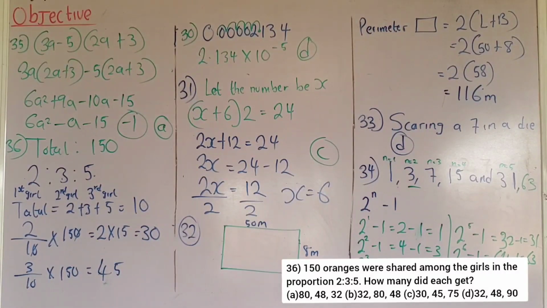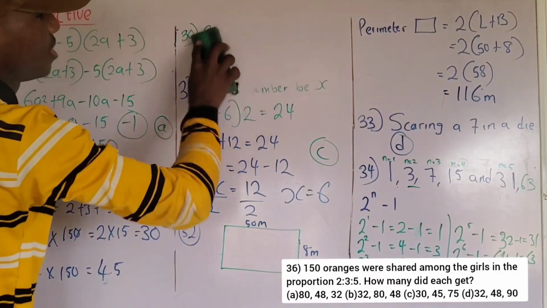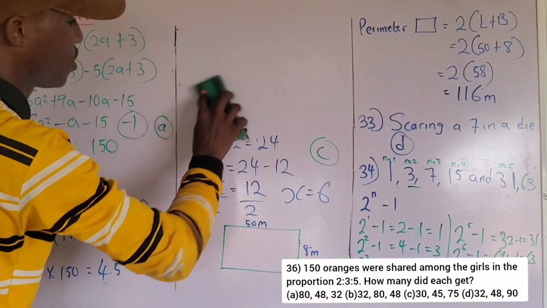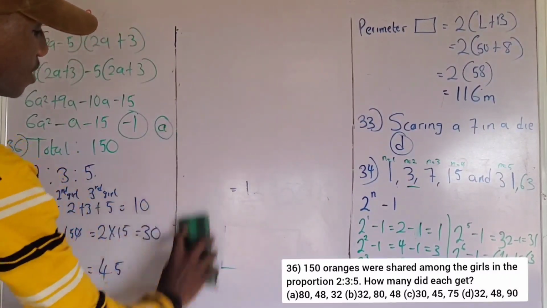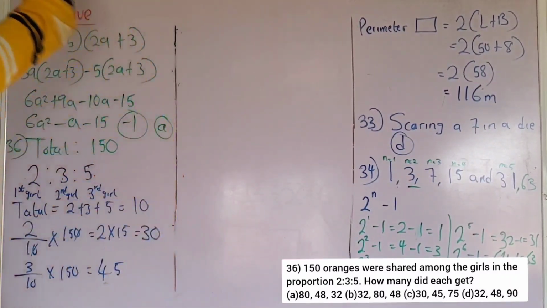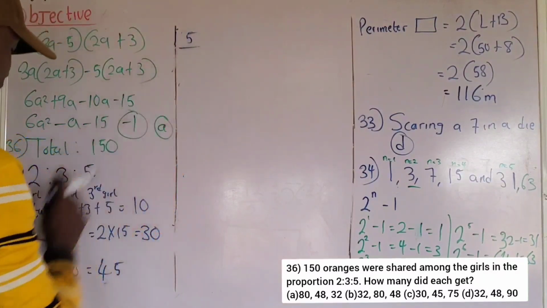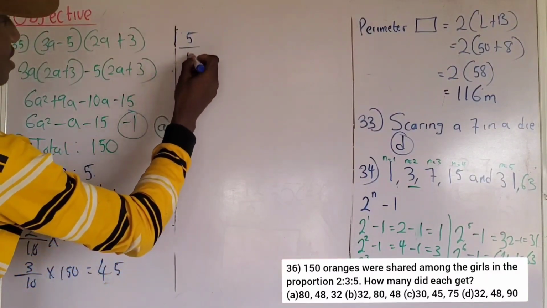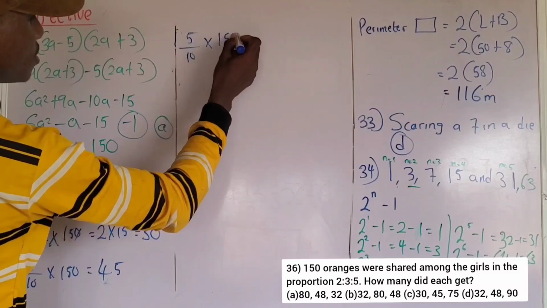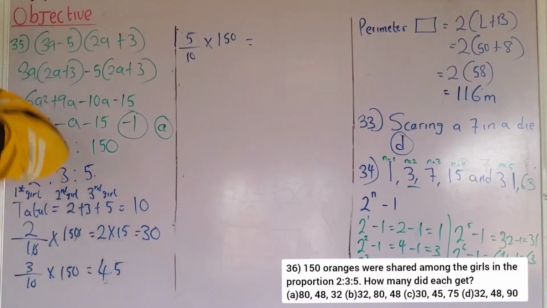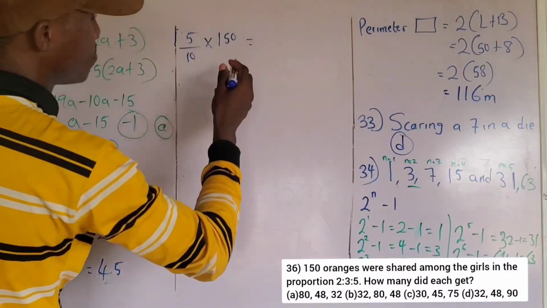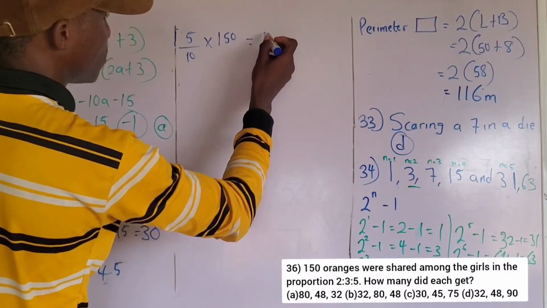And for the last one, which is the third girl, just pay attention, okay? It's simple. For the third girl, all you have to do is bring the ratio as well. That is 5 all over the sum of all the ratio, that is 10, multiplied by 150. So 5 times 15, that is 75.